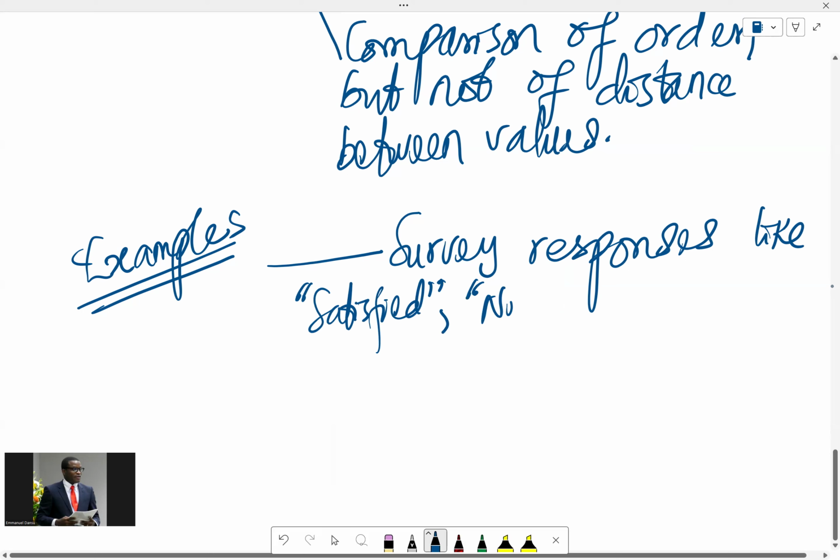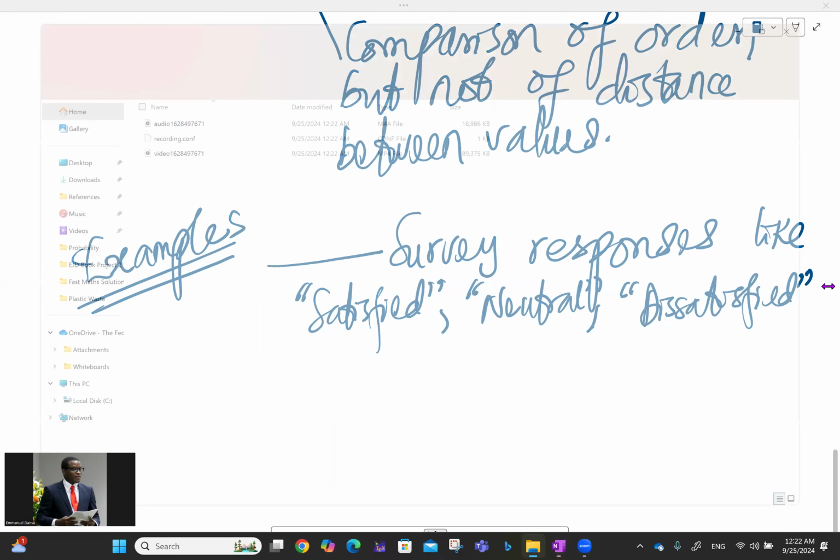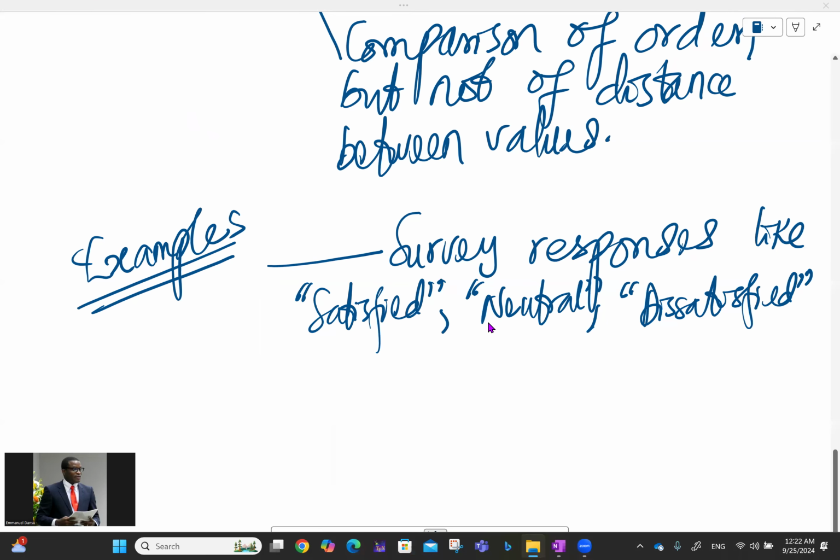Somebody can be neutral, or somebody can actually be dissatisfied. Another common one you see in survey responses would be something like agree, agree a bit, neutral, disagree weakly, disagree strongly, and things like that.